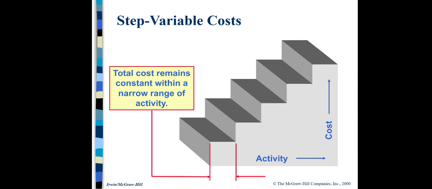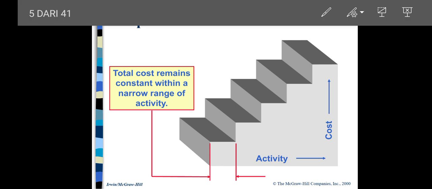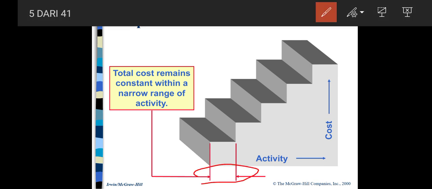Dari tangga ini kita lihat step pertama itu secara total konstan ya. Nah, range-nya akan konstan di sini. Totalnya secara konstan, total cost-nya akan tetap sama untuk range tertentu.